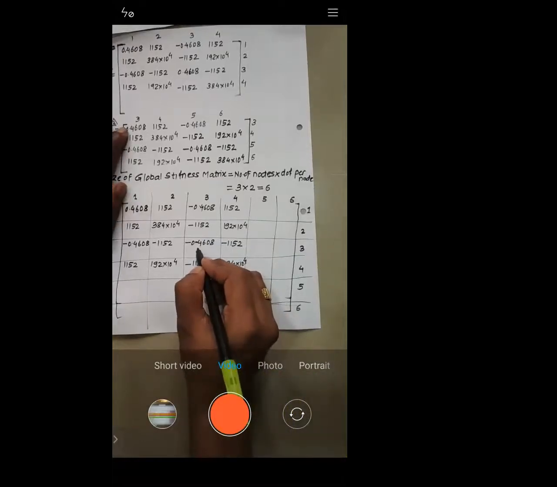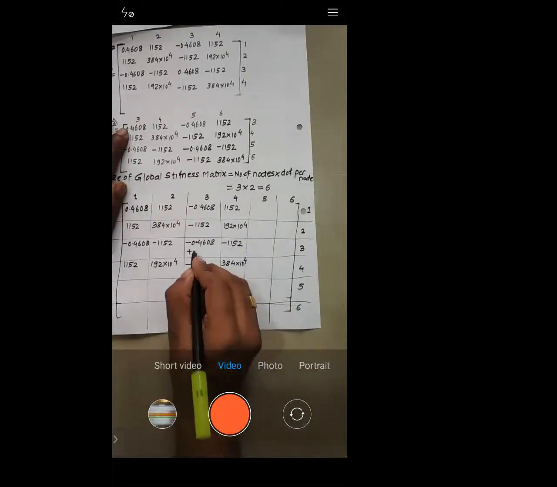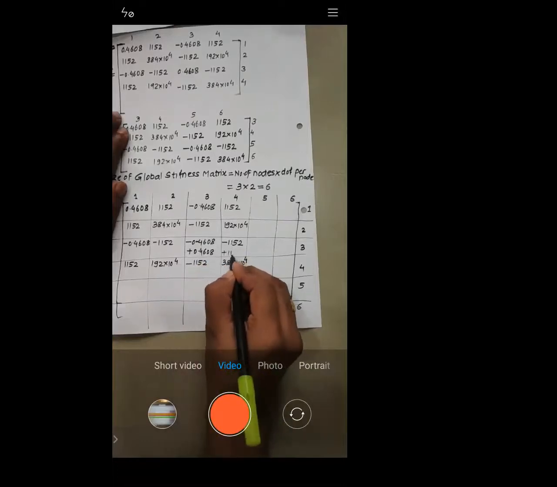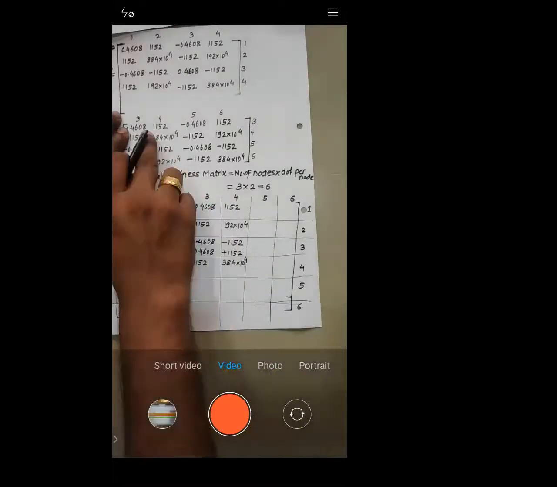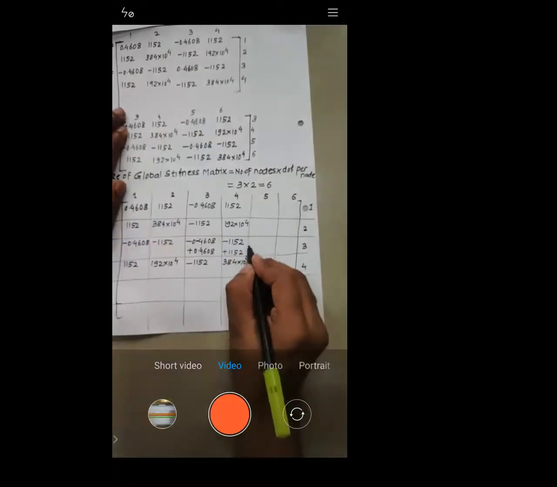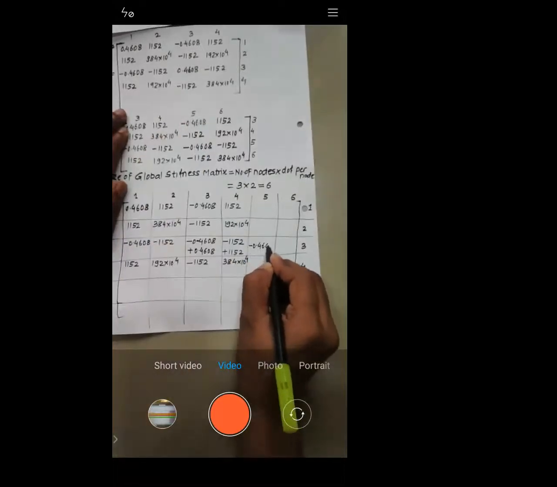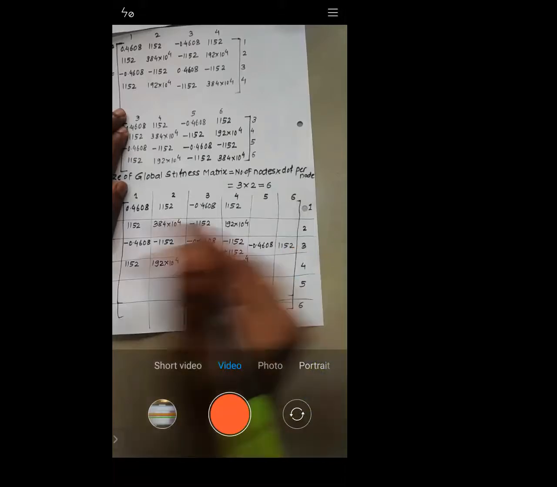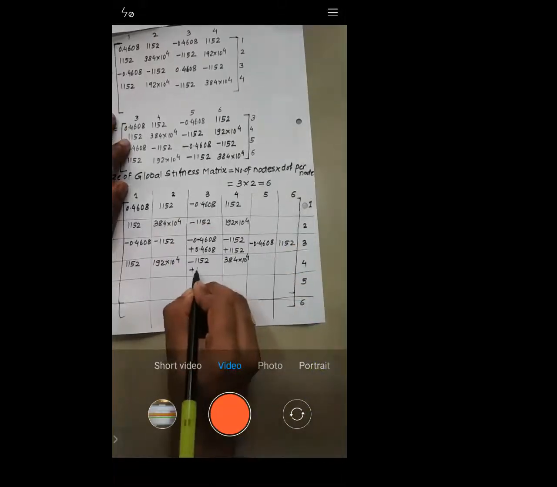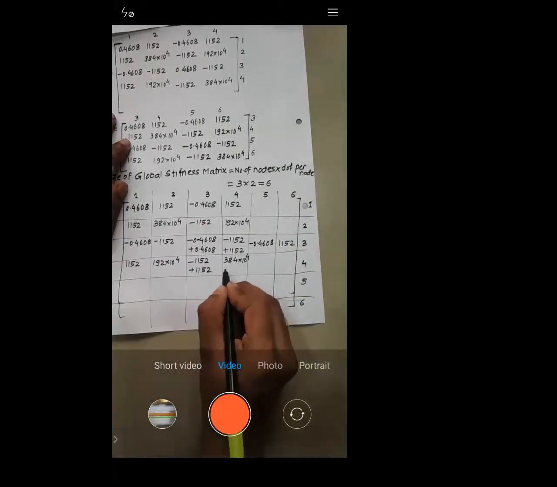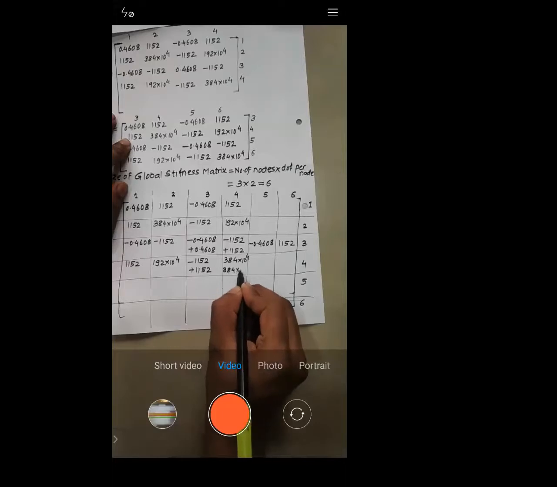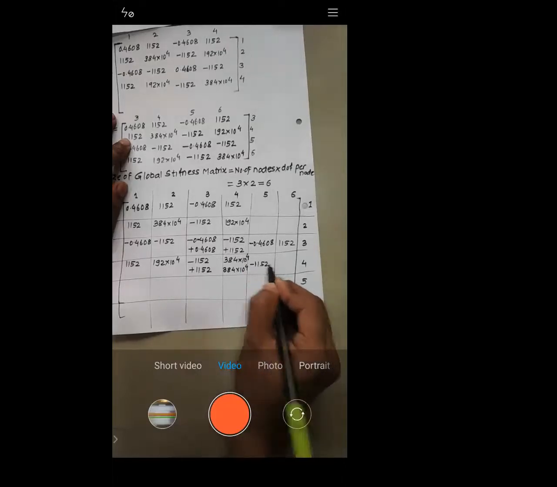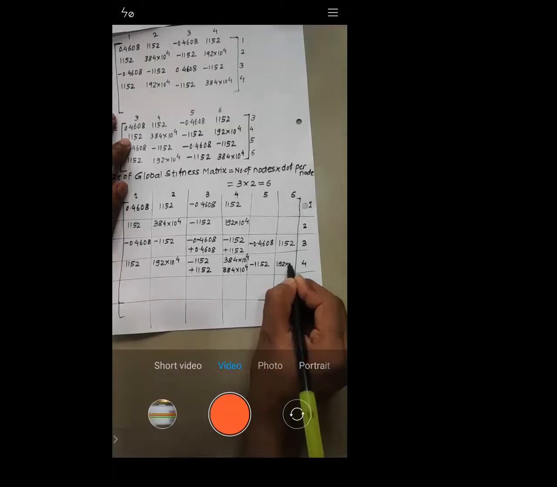So at 3, 3, I have this value. Plus 0.4608, plus 1152, right? Side of that, minus 0.4608. Here you have plus 1152, 384 into 10 raised to power 4, minus 1152, 192 into 10 raised to power 4.